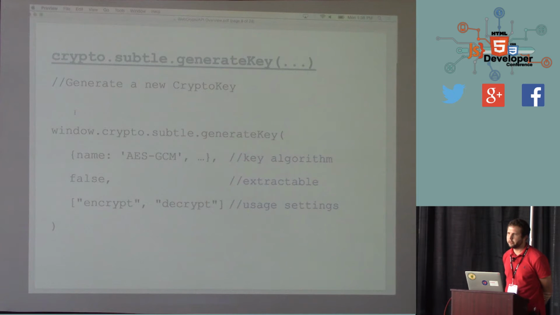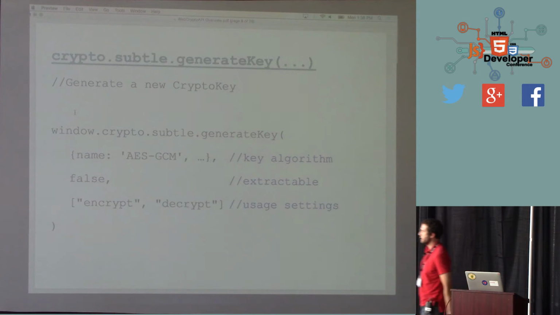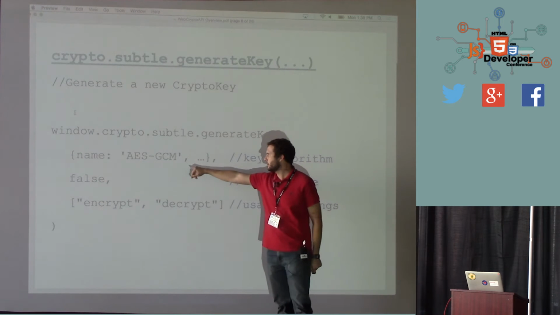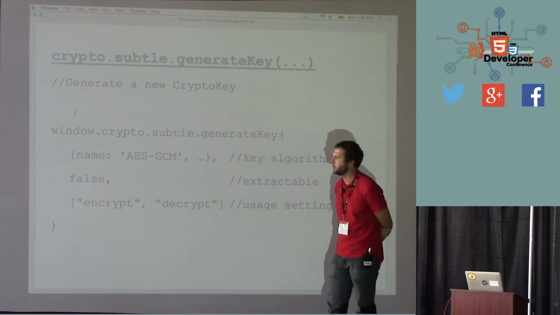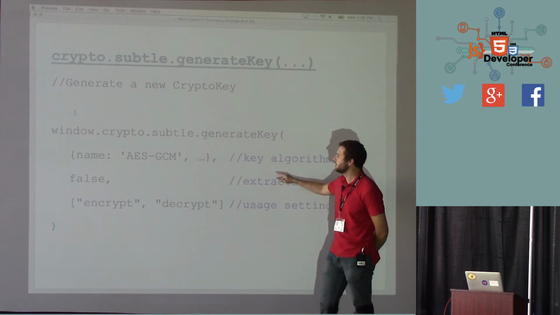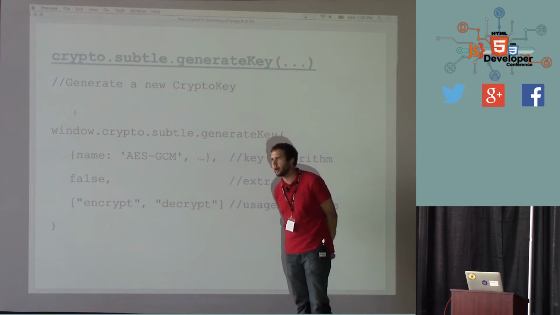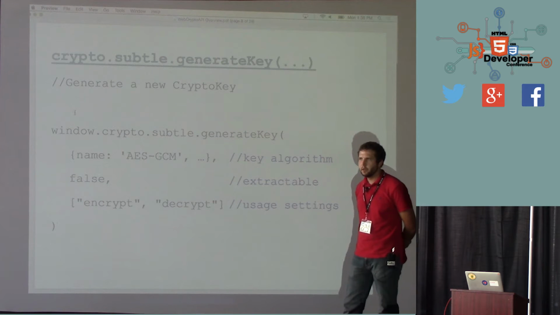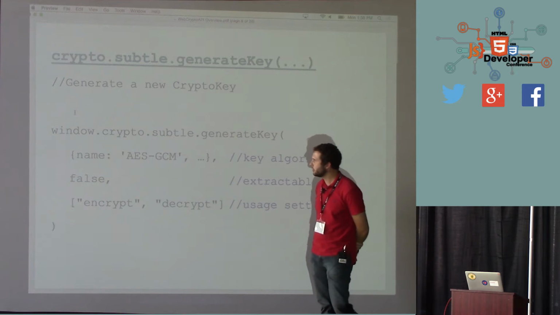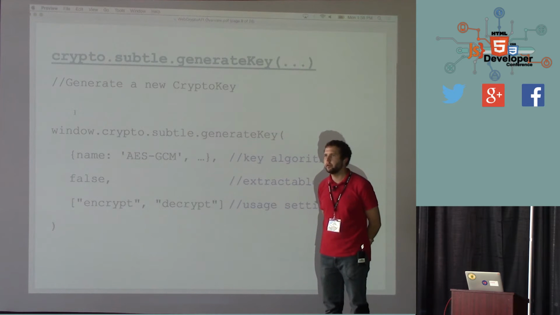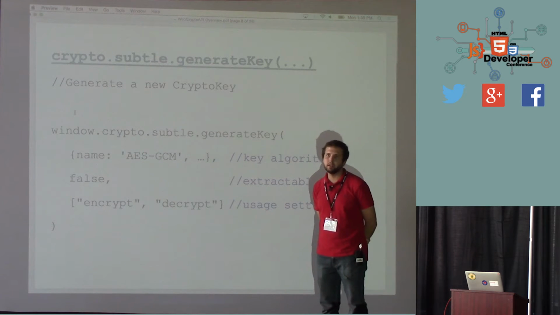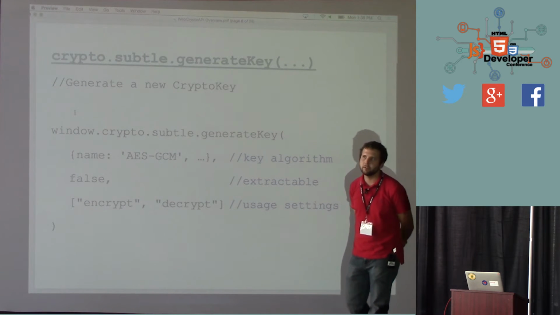Okay, so generating keys. First, you pass the name of the algorithm. So in this case, it's AES-GCM, and then there's other parameters you can set on top of that. You can set whether or not you want that key to be extractable, whether or not you can export it. If you set that to false, you're telling the browser to never let this key leave the implementation of the browser.